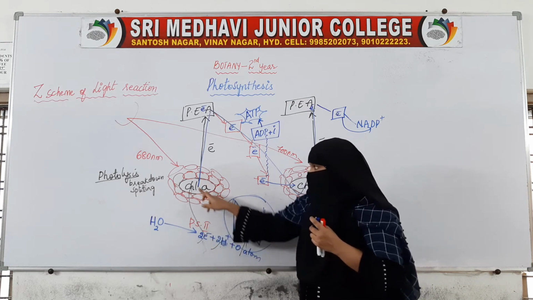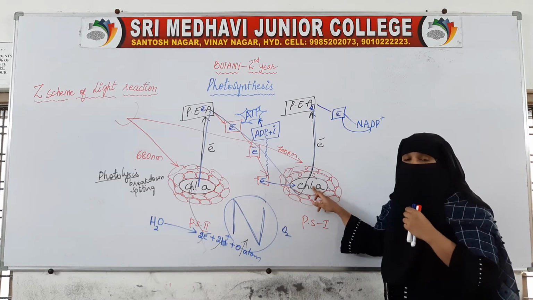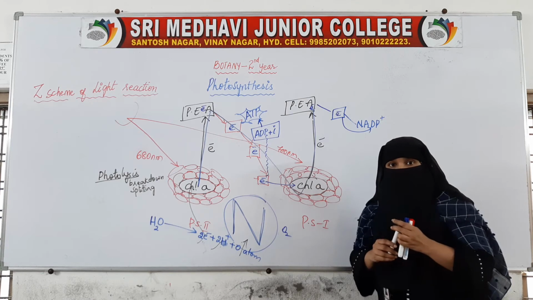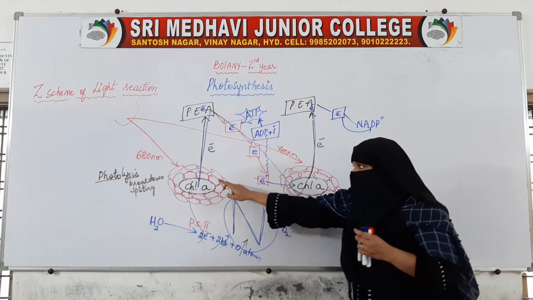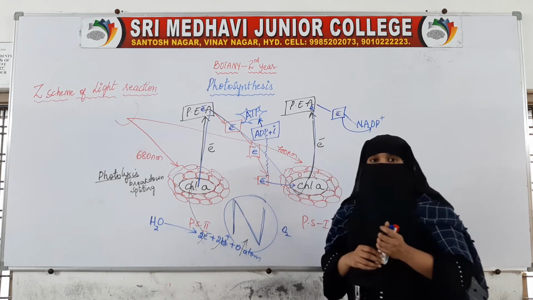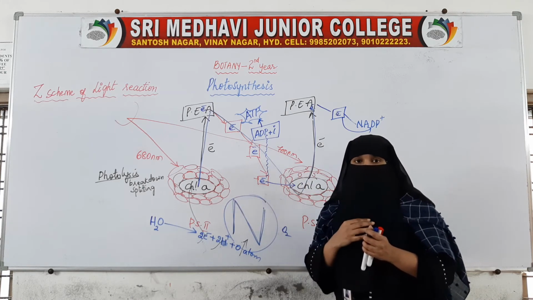This other chlorophyll has also got its electron back, from photosystem 2. Now both chlorophylls have their electrons.